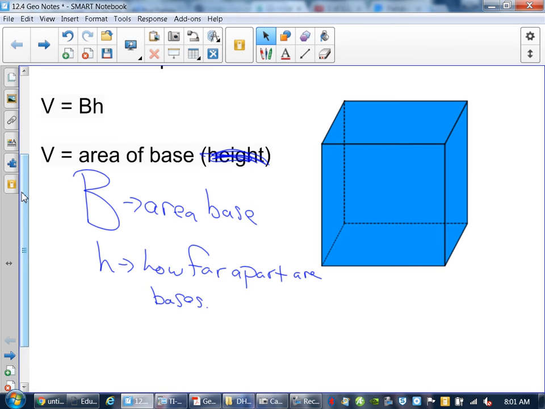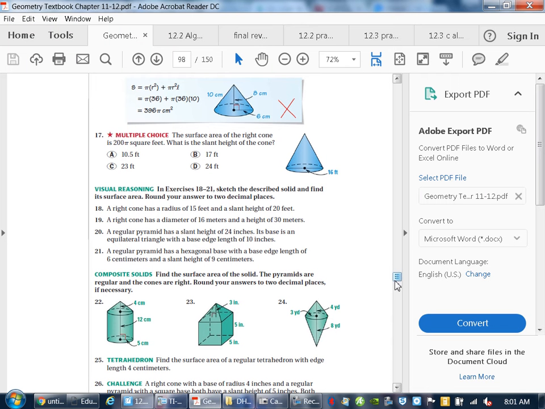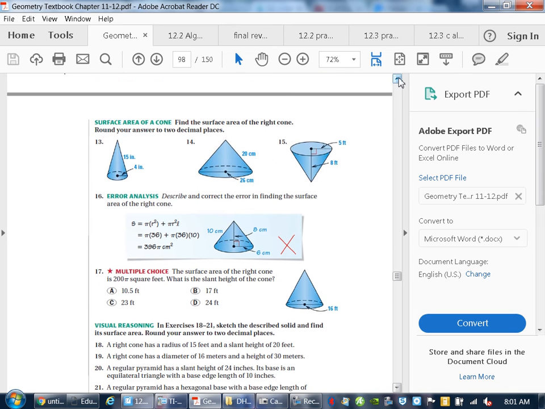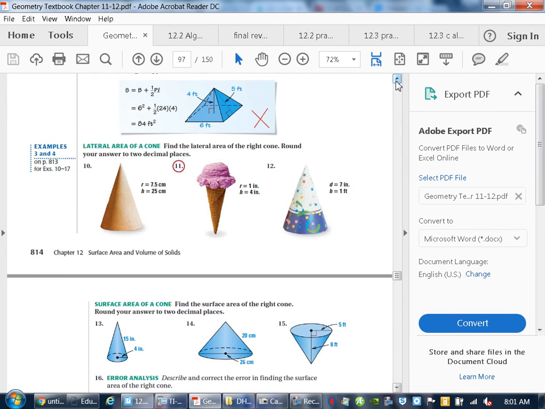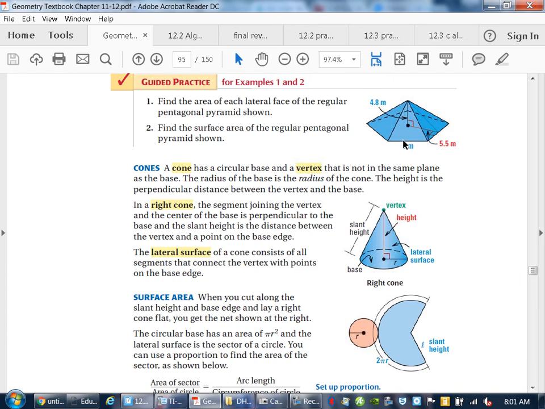Now, if you go back and look at one of our examples from yesterday or the day before, let's skip over the composites real quick. Oh, these are pyramids.